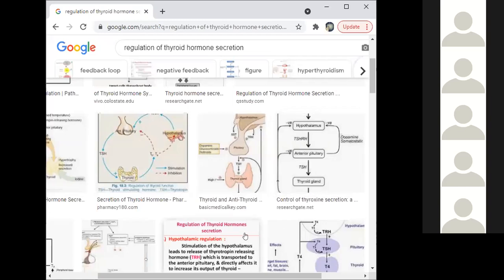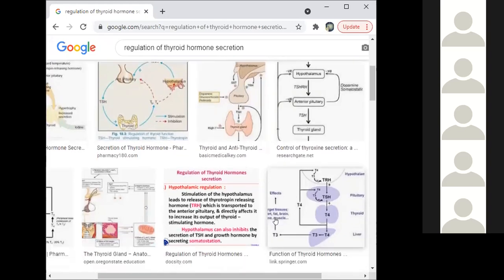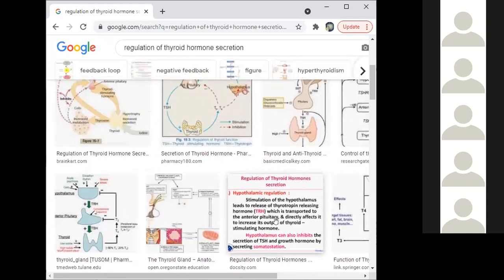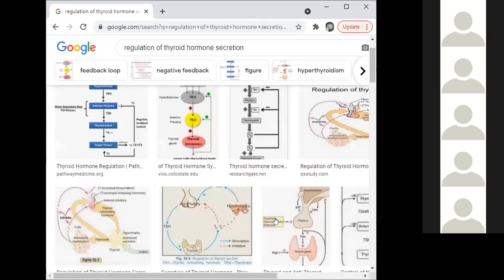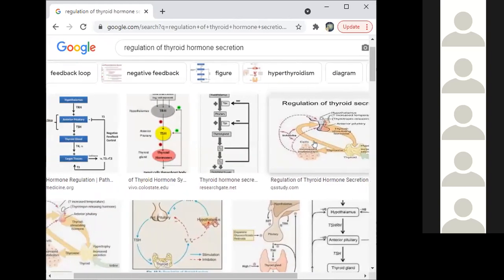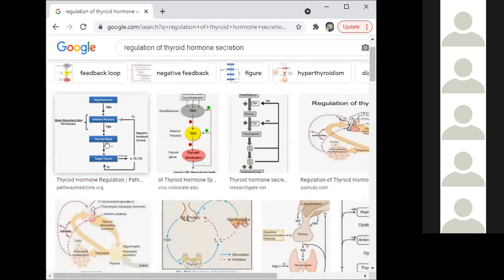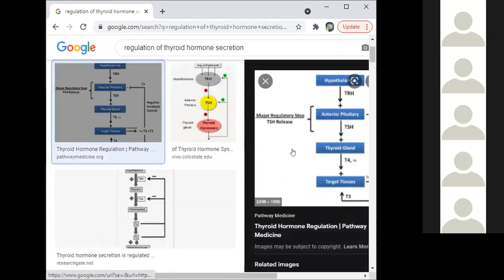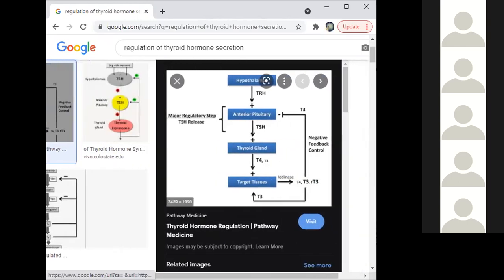For you to be able to understand this well, I'm sure we all know this, but it's always good to come back to it, as it gives us a reminder of what we are actually talking about. There's an axis which regulates thyroid hormone synthesis and production. Let's look at this picture first.